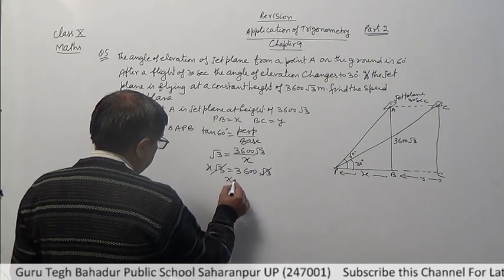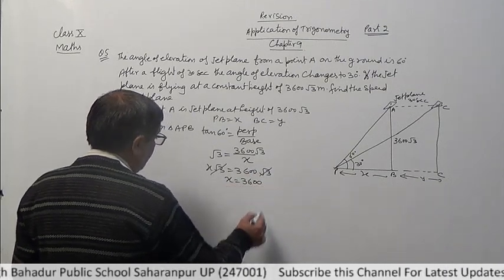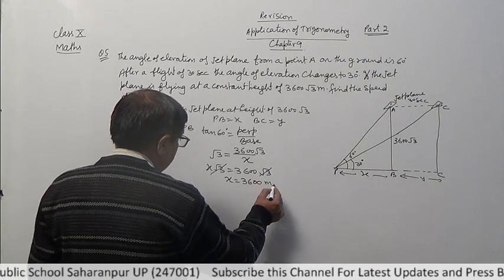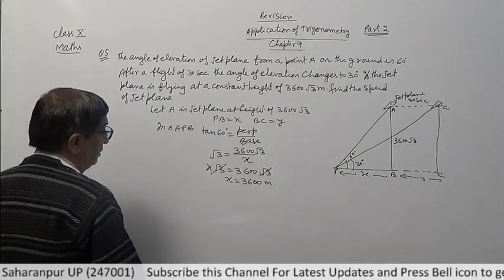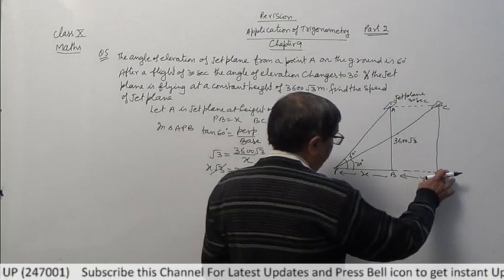This root 3 cancels, X is 3600 meter. In the triangles, this is point D.